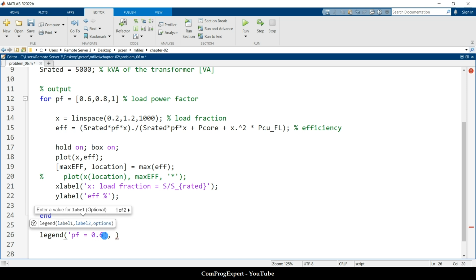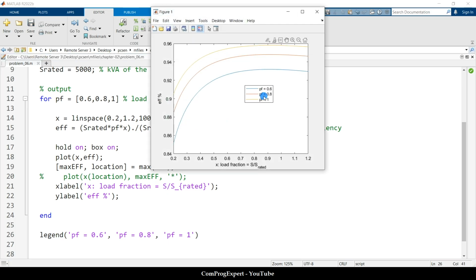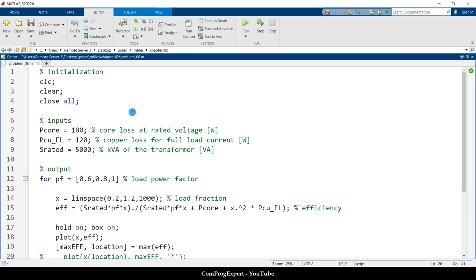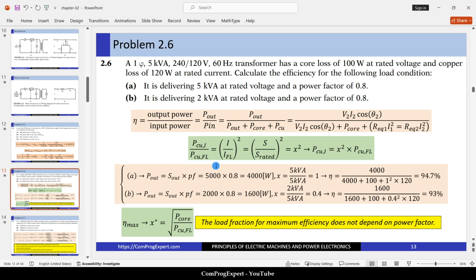For the second curve it is equal to 0.8, and for the last one it is equal to 1. So we can add this legend to the plot: the value of the power factor 0.6, 0.8, 1. Okay, so you can write a similar code here and practice this problem.